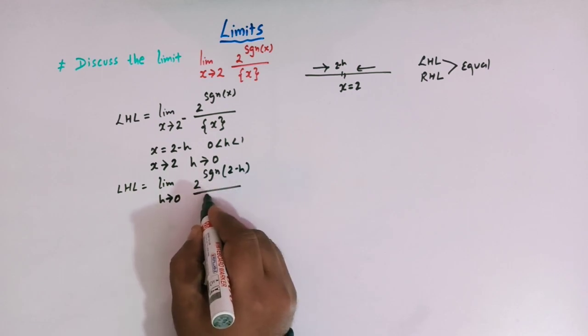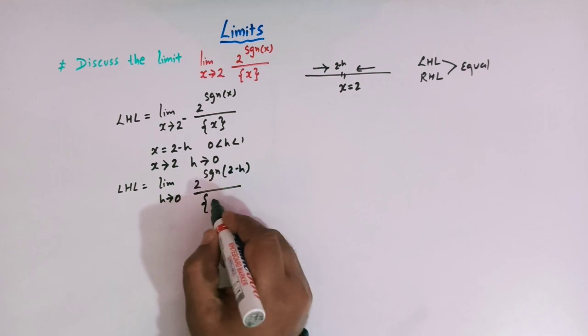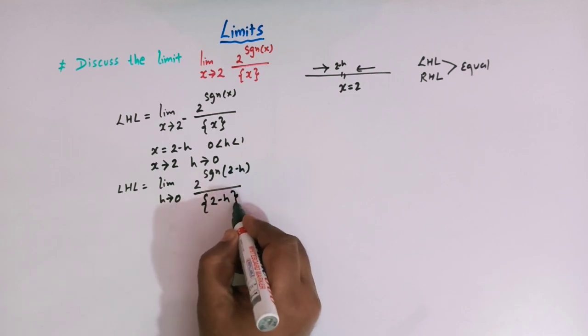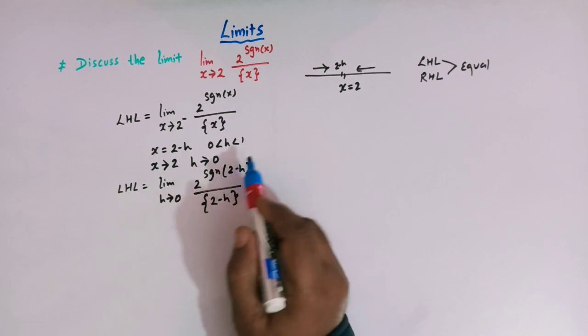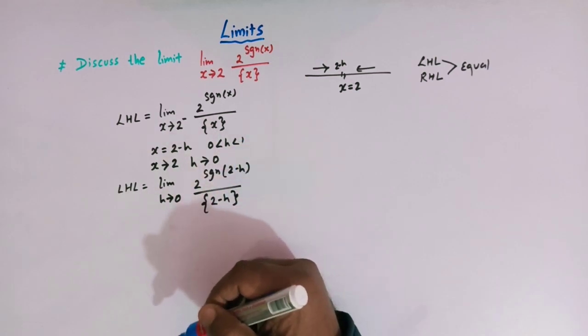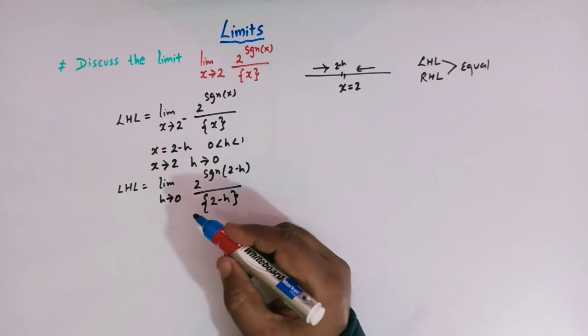In the denominator we have the fractional part of 2 minus h. Now we'll make use of the definitions of the signum function and the fractional part function.